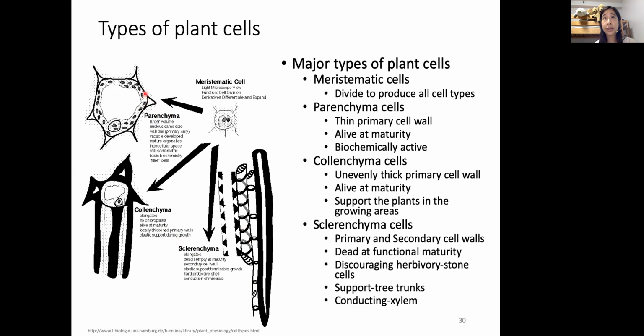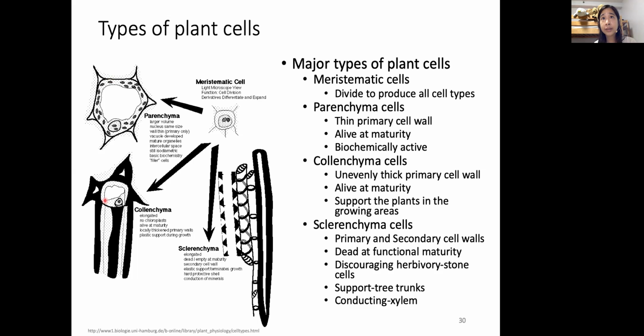As you can see right here, it's a very thin wall. They are alive at maturity and conduct all biochemical activities in the cells. They are present in the leaves to do photosynthesis and phloem loading, and in some of the stem, very soft and young and very active.